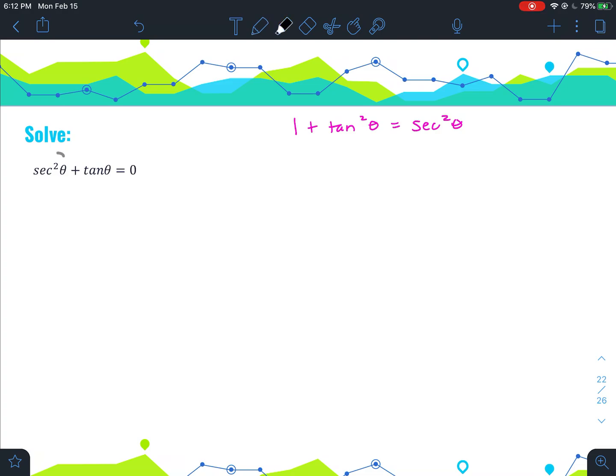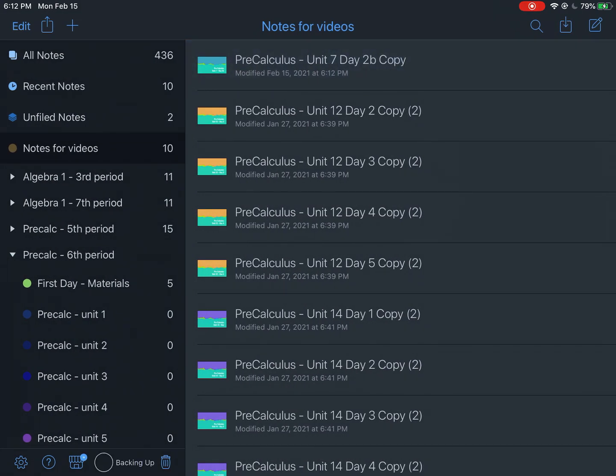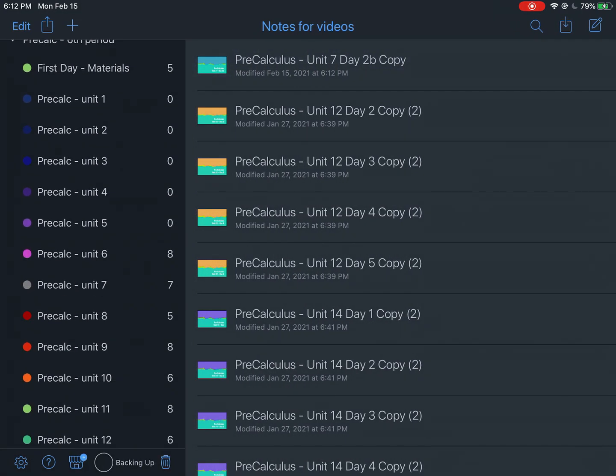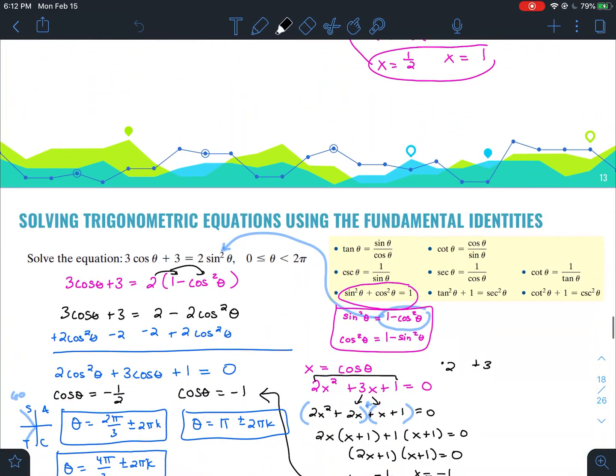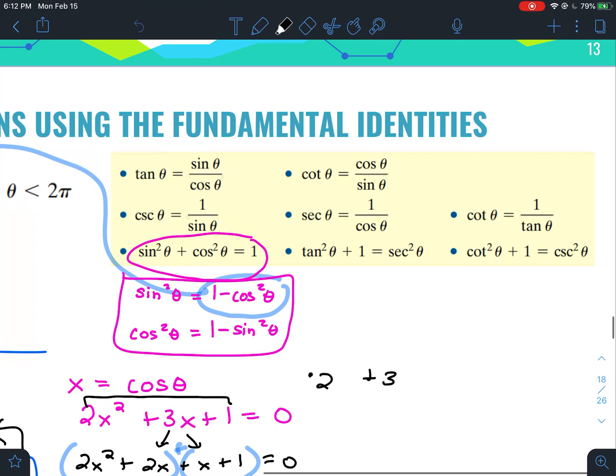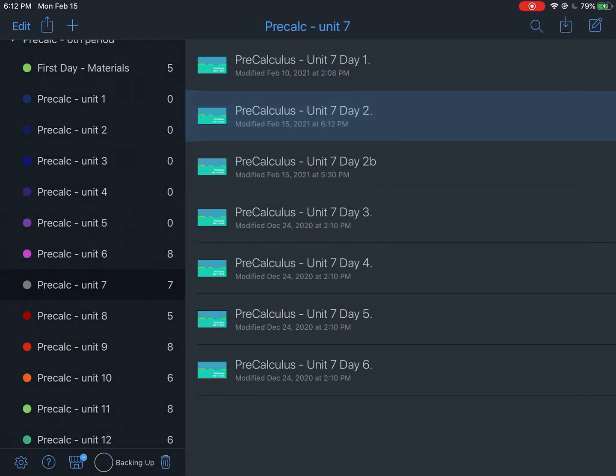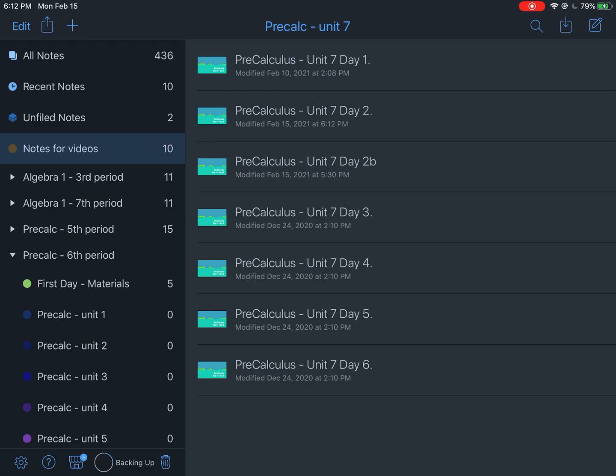So I can replace this secant squared with 1 plus tangent squared. If we go back to our day 2, unit 2 notes, right here, that was one of the formulas. Tangent squared plus 1 equals secant squared, or secant squared equals 1 plus tangent squared. So that's the formula that I'm using for these.